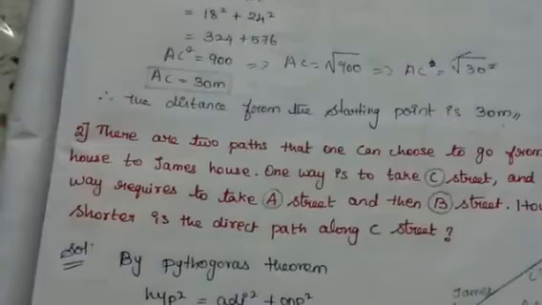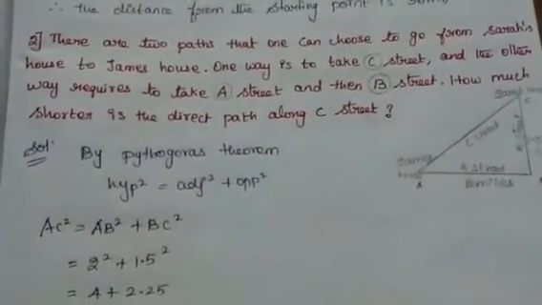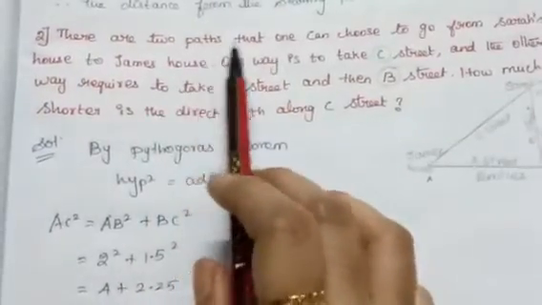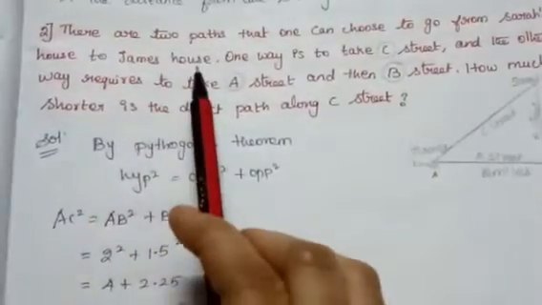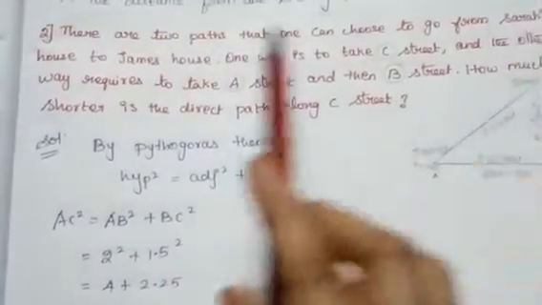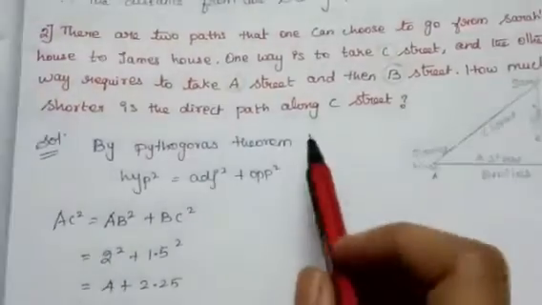Next, question number 2 from exercise 4.3. There are two paths that one can choose to go from Sarah's house to James' house. Here is Sarah's house and here is James' house. Here we have two paths to go.